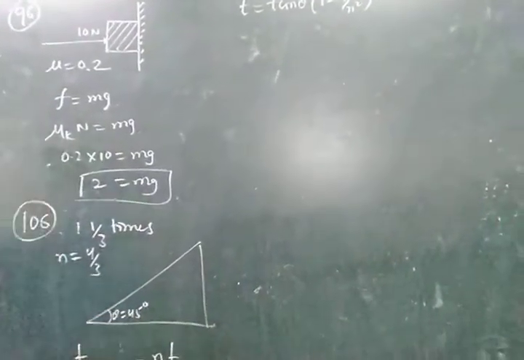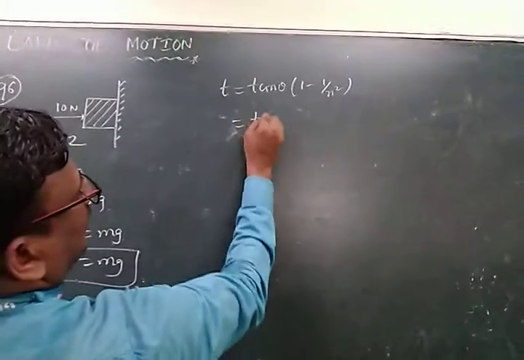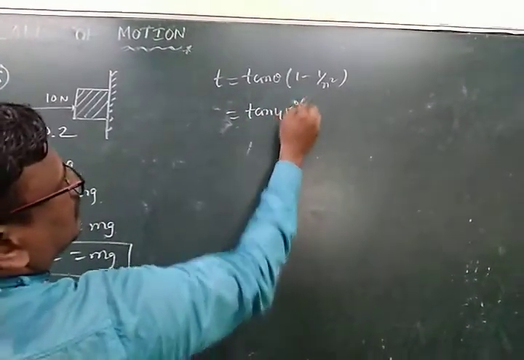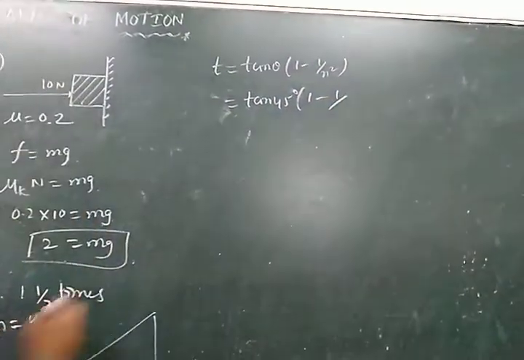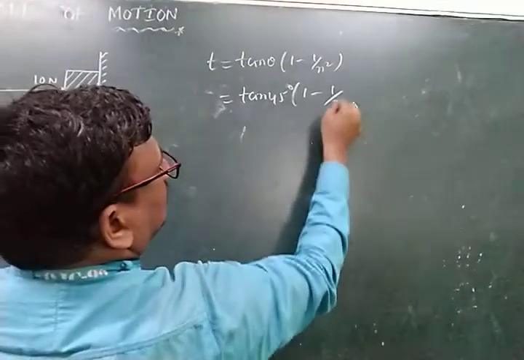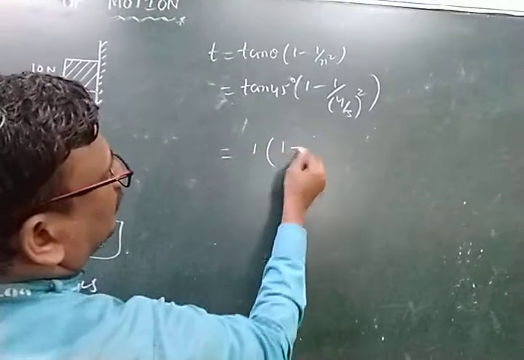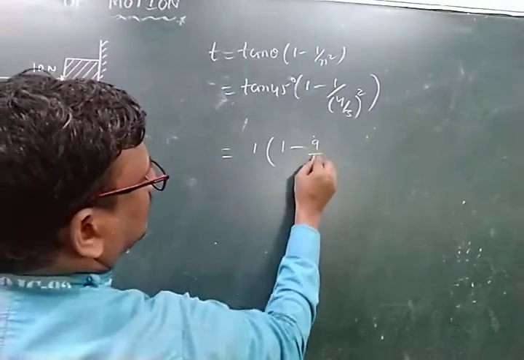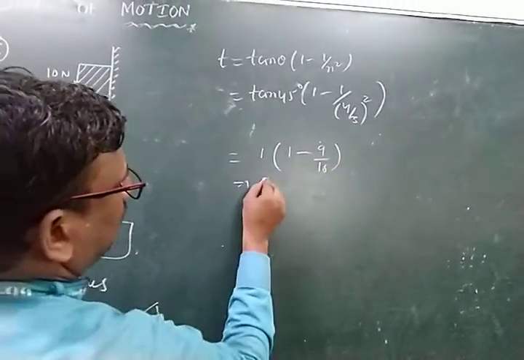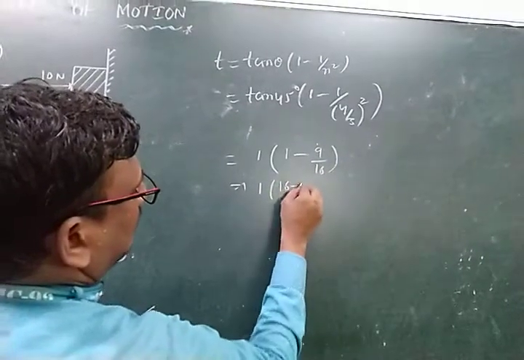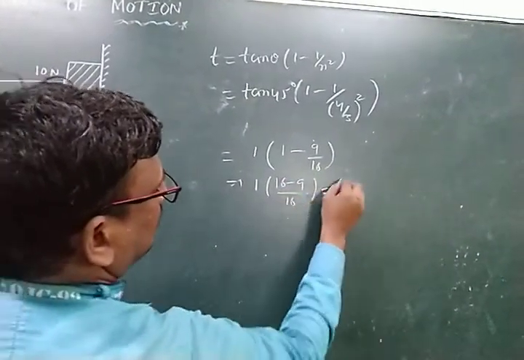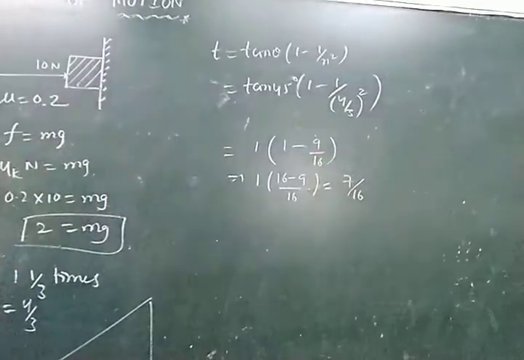Here theta is equal to 45 degrees. Then we apply tan of 45 degrees into 1 minus, with n equal to 4 by 3 whole square, that is equal to 1 into 1 minus 9 by 16. Take the LCM 16, so 16 minus 9 by 16 is equal to 7 by 16.